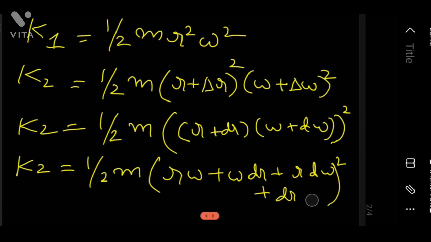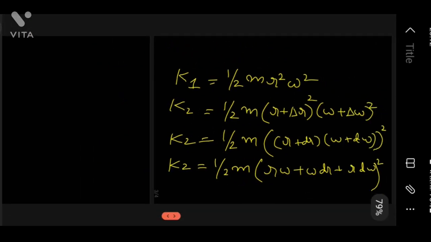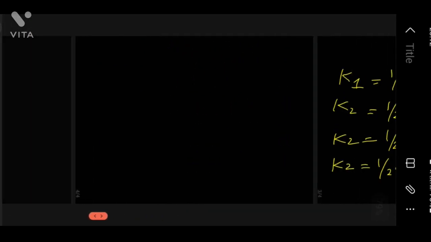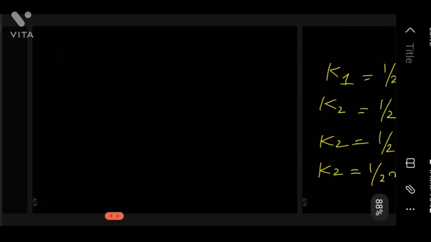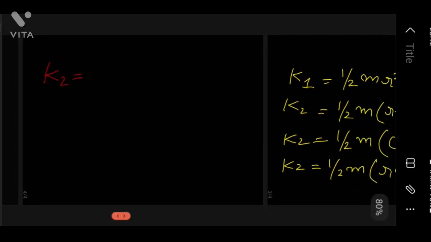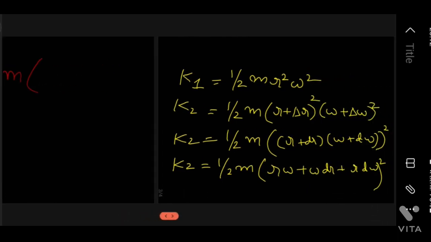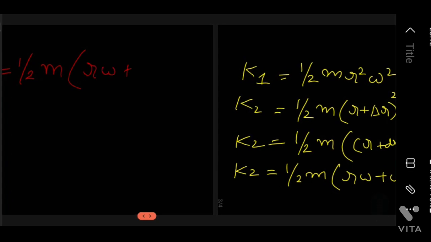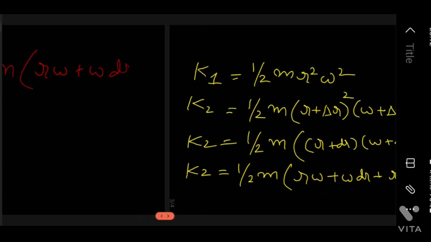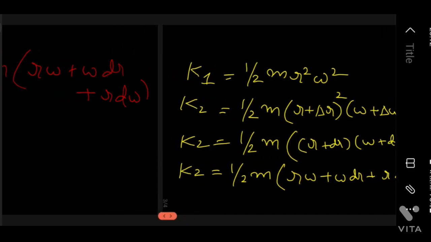So this dr d omega term can be neglected. So K2 is equal to half m times (r omega plus omega dr plus r d omega) square.